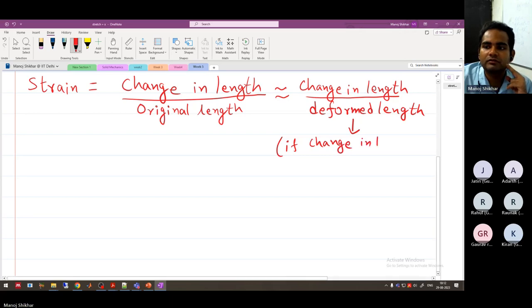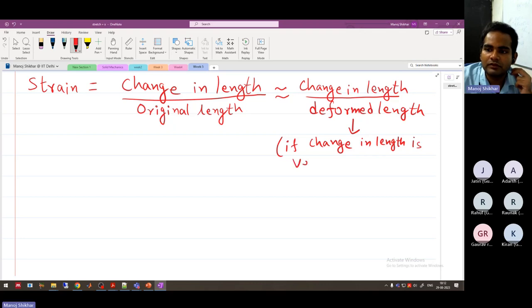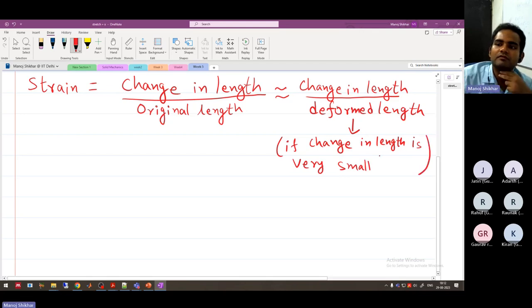Only when the change in length is very small can we replace it by deformed length. Otherwise, this is the formula.